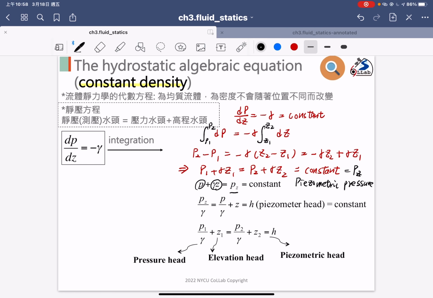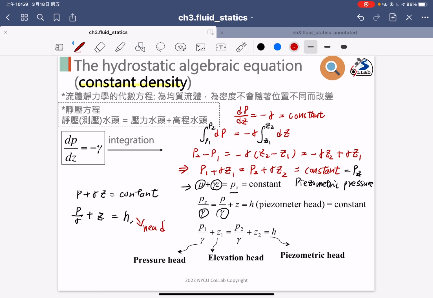If we divide this equation by the fluid gamma, then P plus gamma Z equal to constant becomes P divided by gamma plus Z, which is also a constant. But usually we use H and call it the head.